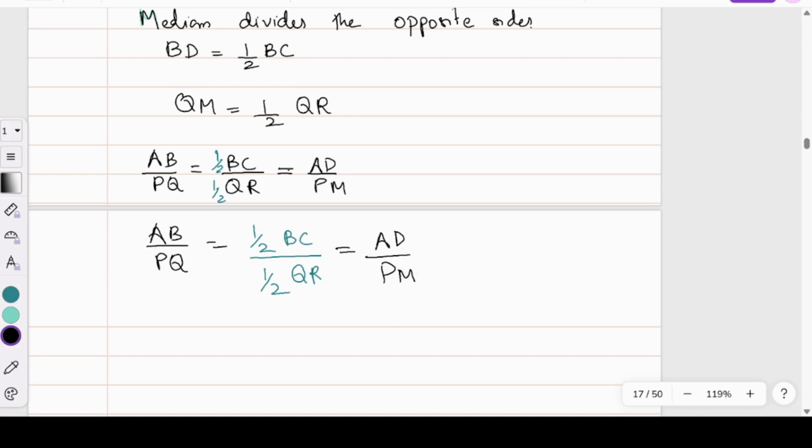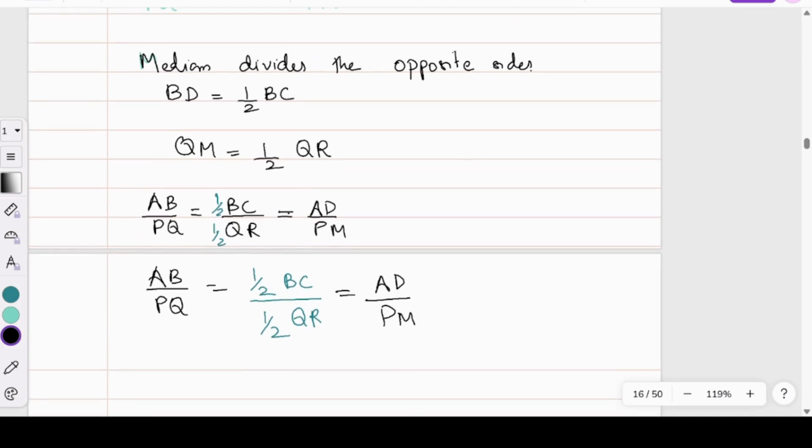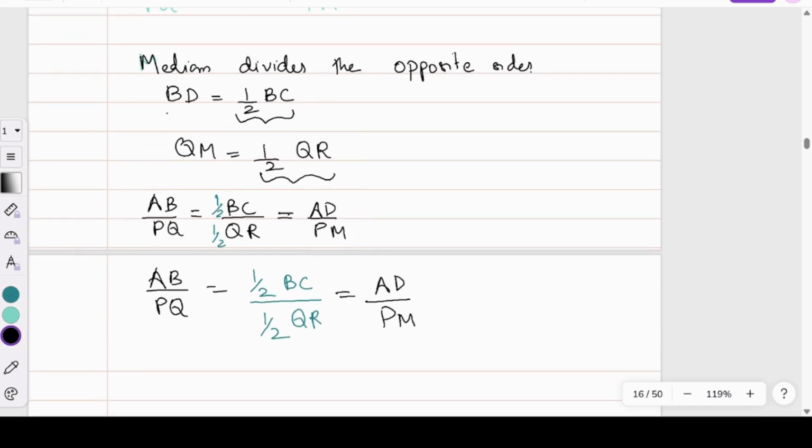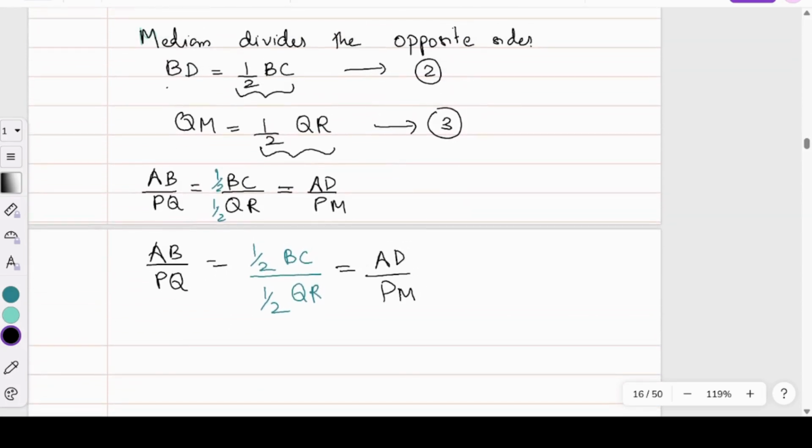What is half of BC? Here we have written it: half of BC is BD and half of QR is QM. So I can rewrite that. Let it be equation number 2, let this be equation number 3, and let this be equation number 4.